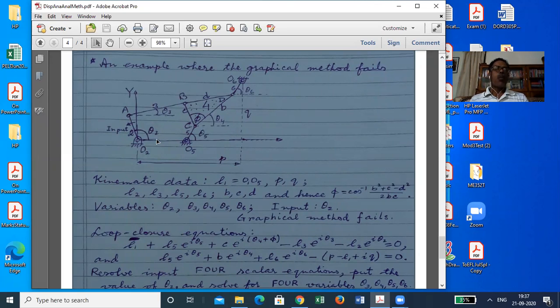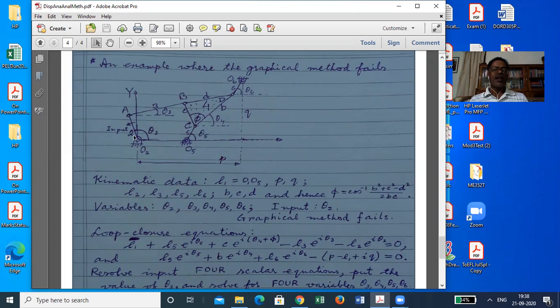Now you identify loops. There are actually 3 loops, one like this, another like this, starting from frame, ending at frame. There would be a third which would be like this, but that would not be independent of the other 2. By addition or subtraction of the other 2, you would get this. So only 2 independent loops. So write the loop closure equations.